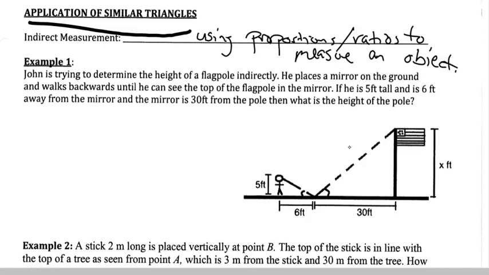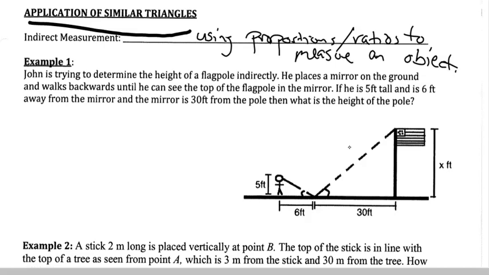This one has more to do with using shadows. So if you look at this, it says John is trying to determine the height of a flagpole indirectly. He places a mirror on the ground and walks backward until he sees the top of the flagpole. If he is 5 foot tall and 6 feet away from the mirror, and the mirror is 30 feet from the flagpole, then how tall is the flagpole?